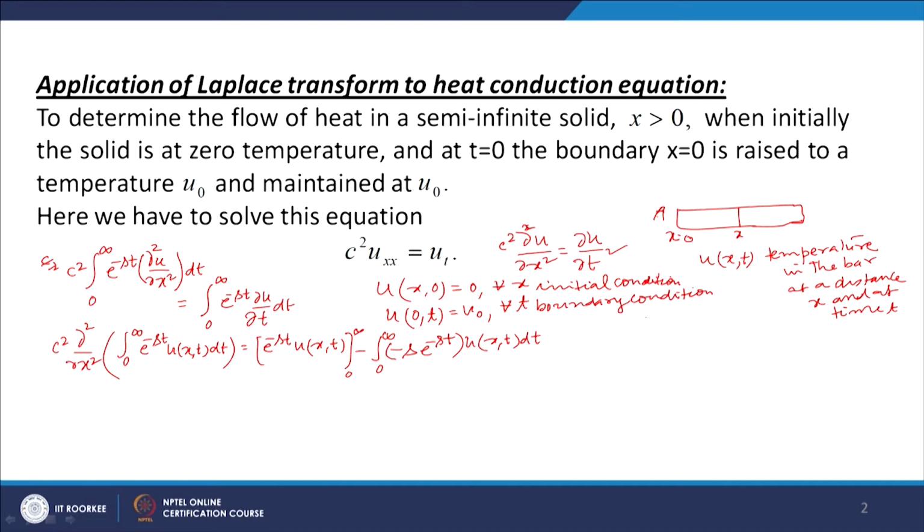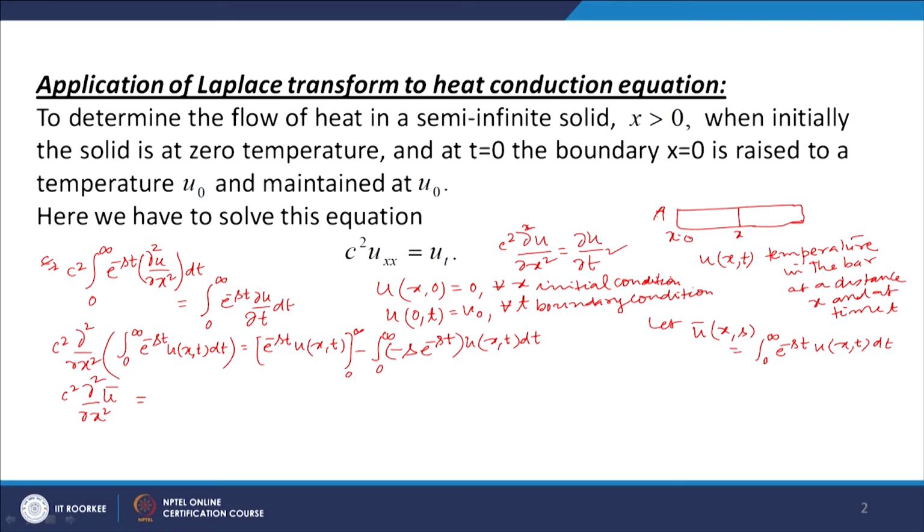Now let us say that the Laplace transform of u x t is u bar x s. So, we will have here c square d square u bar by d x square equal to, and then here we will have as t goes to infinity u x t e to the power minus s t.